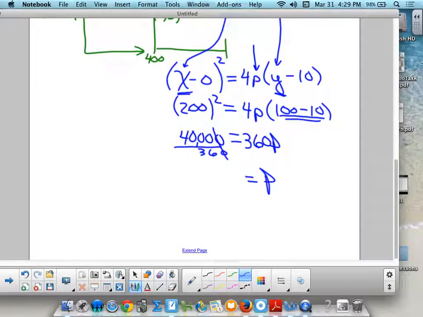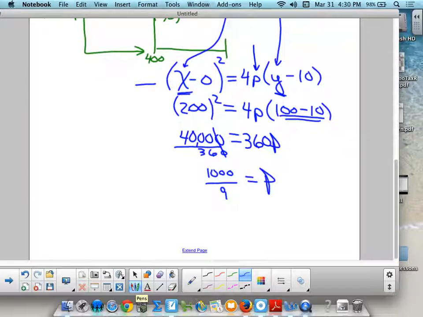Cross out the zeros. I would reduce it by 4 and get 9. No, divide by 4. Get 9, divide by 4. You'd get 1,000 over 9, I believe. Yep, you can get 1,000 over 9. There's p. P is 1,000 over 9.